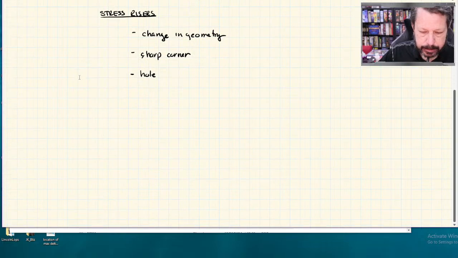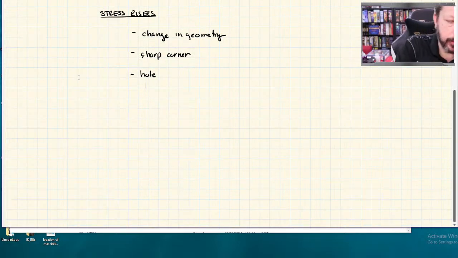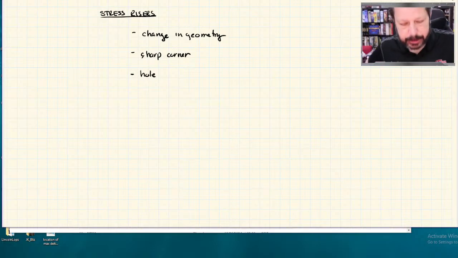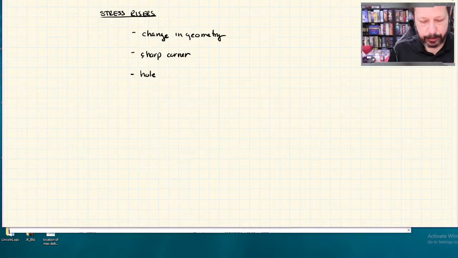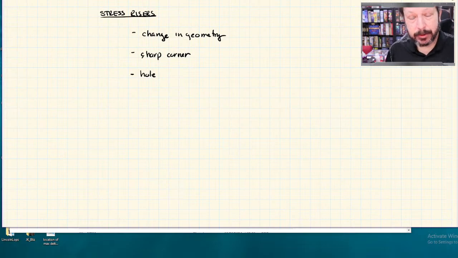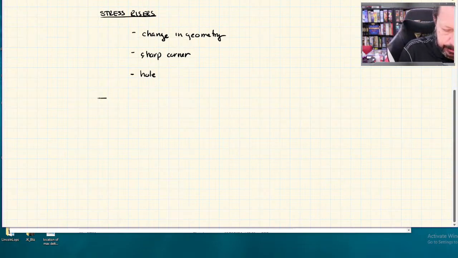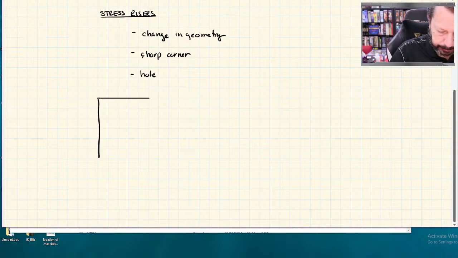All right, so let's just, we can draw one more picture, I suppose, just to give you an idea of what this would be. So the classic one, and I think it's even the first one we'll work a problem about, is you've got some kind of tab. So maybe something like this.